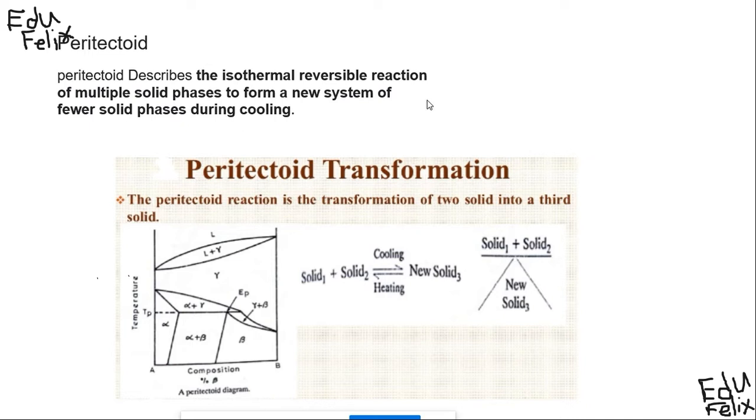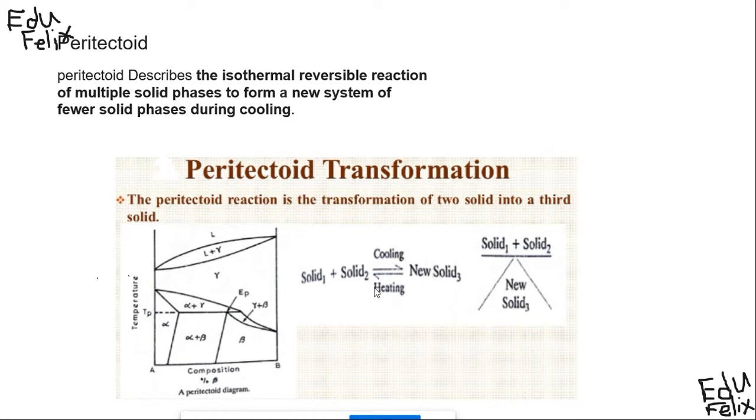Then peritectoid describes the isothermal reversible reaction in which multiple solid phases form a new system of fewer solid phases during cooling. That means you have two different solids, solid 1 and solid 2. After cooling, you have a new solid 3. This term is very important: during cooling.